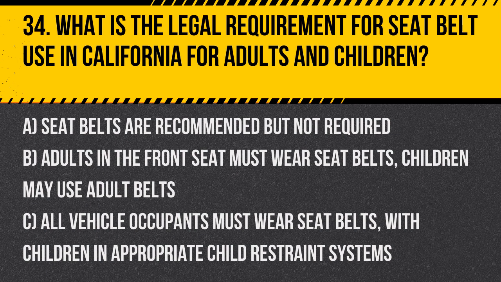Question 34. What is the legal requirement for seat belt use in California for adults and children? A. Seat belts are recommended but not required. B. Adults in the front seat must wear seat belts. Children may use adult belts. C. All vehicle occupants must wear seat belts, with children in appropriate child restraint systems.